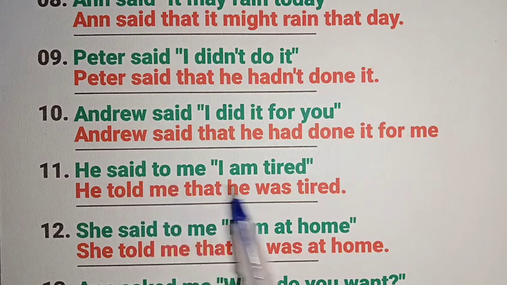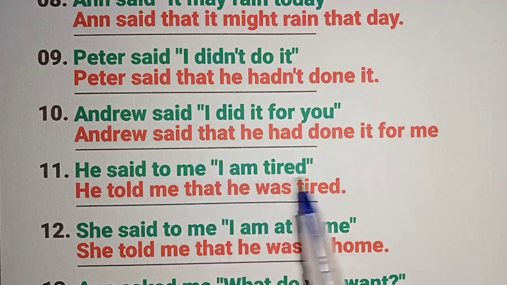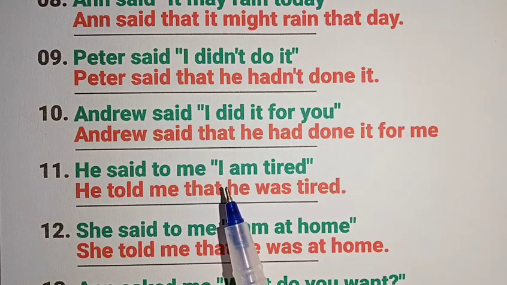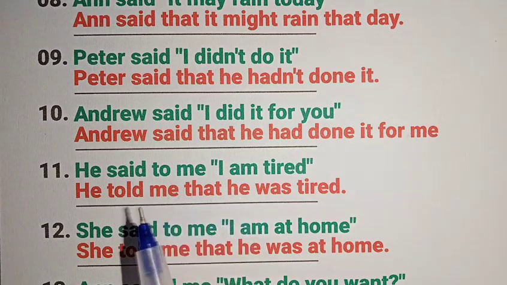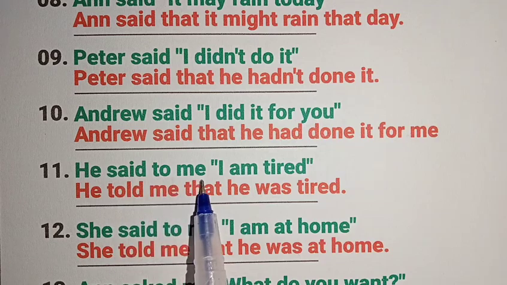He said to me, "I am tired." These are his words. So now you know the usual rule I have mentioned so far. Let's pay our attention to he said to me.